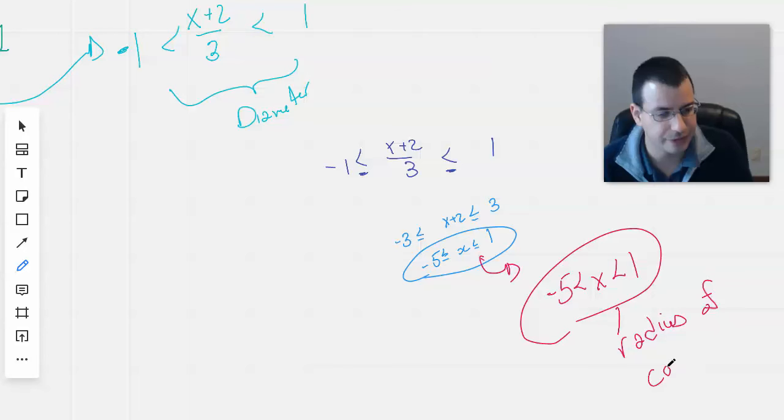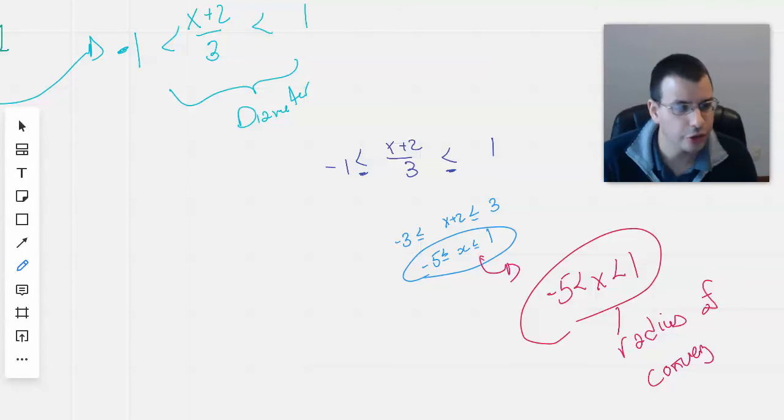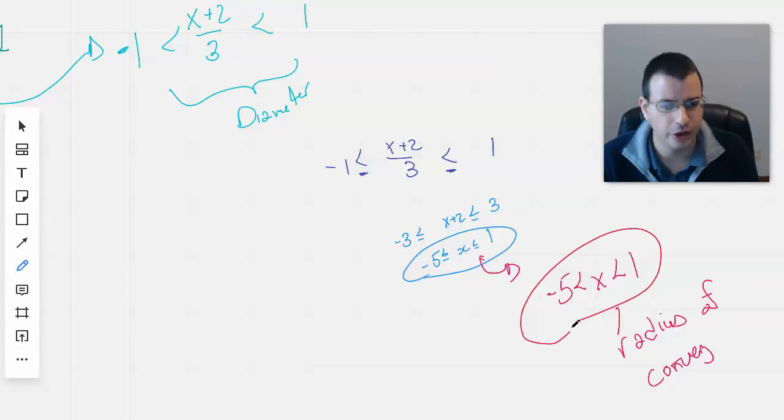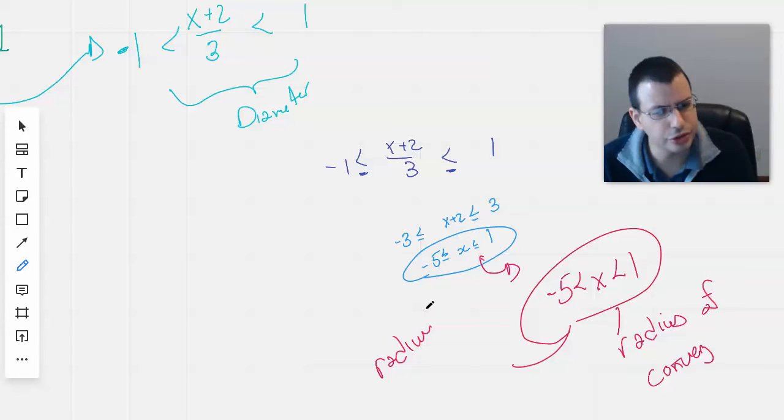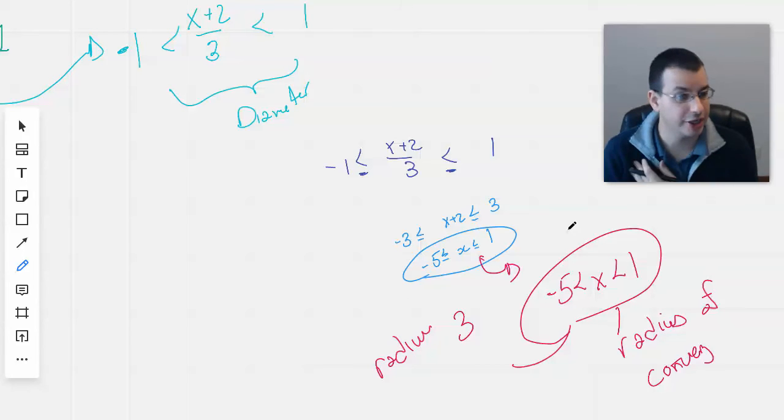Depending on how it's phrased, the question might be looking for the radius, which is 3. Basically half of the distance between negative 5 and 1. Or it might be looking for the answer, negative 5 is less than x less than 1.